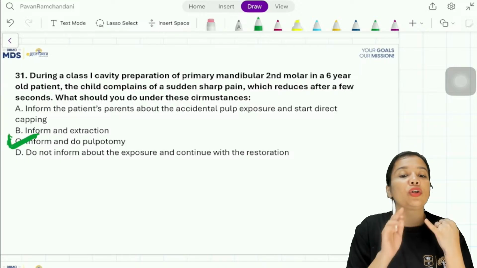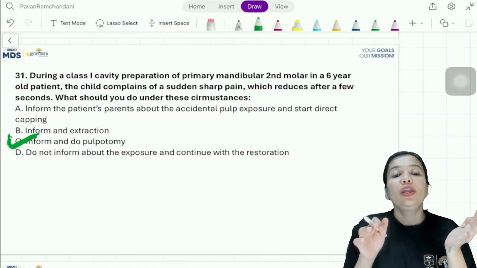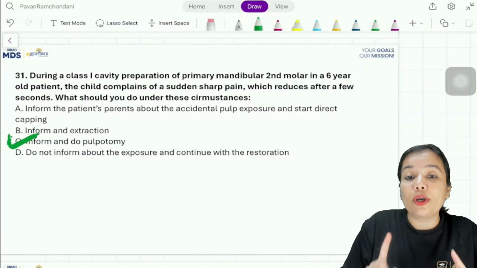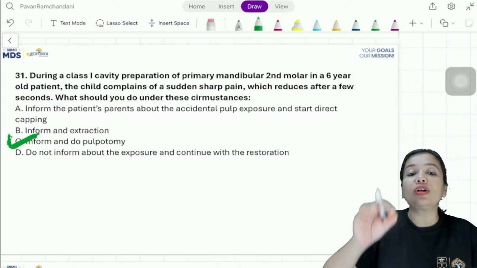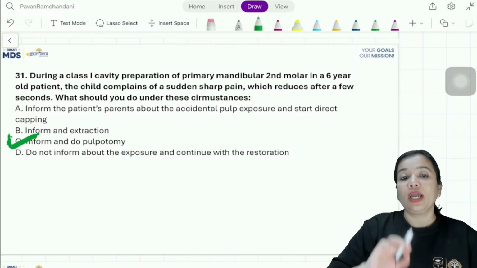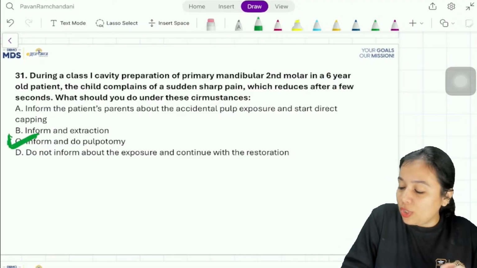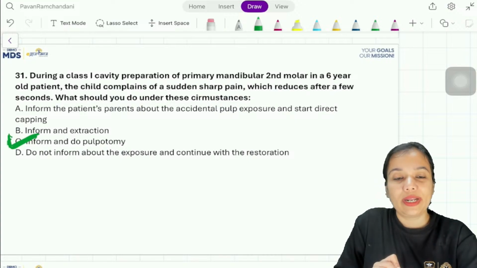There is something wrong with the coronal pulp only. So you inform the patient and you do pulpotomy. Direct pulp capping nahi hoga because there is sharp pain. You do direct pulp capping only when you are sure that no part of the pulp is inflamed. There is sharp pain, that means the pulp is inflamed. So in that case, you cannot do direct pulp capping, you have to do pulpotomy, right?